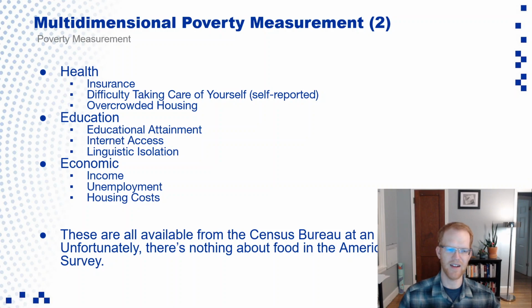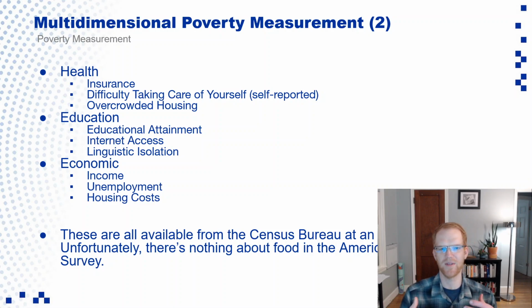And part of this is the idea that part of poverty is being able to interact with society on roughly equal terms. Not perfectly equal terms, but having access to the things that allow you to live life as part of the society that you are in. Internet is now one of them, right? Linguistic isolation, and of course, your more traditional economic indicators. There's nothing about food in here because there's nothing in the American Community Survey.